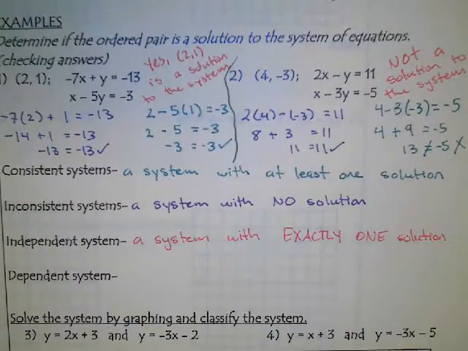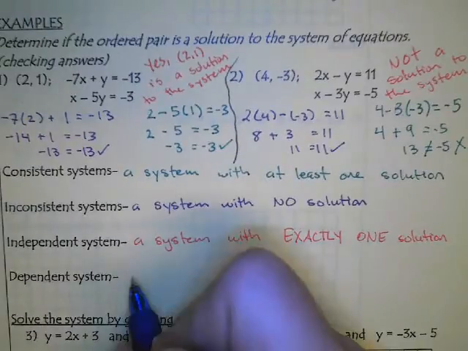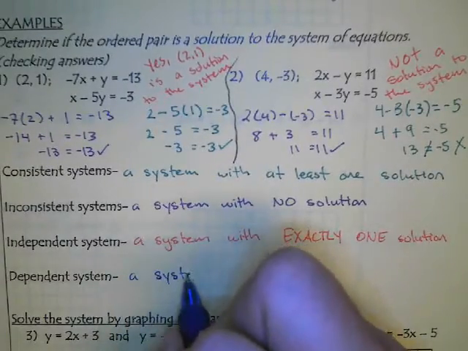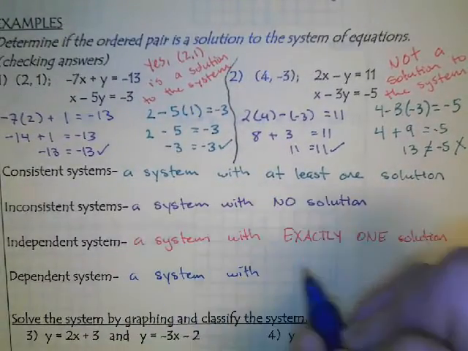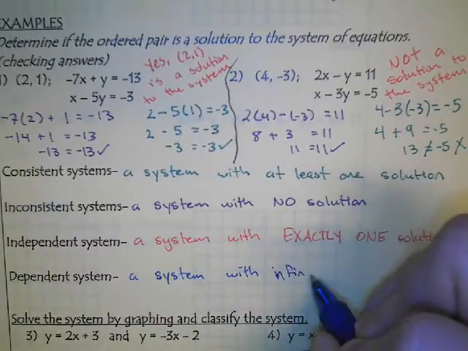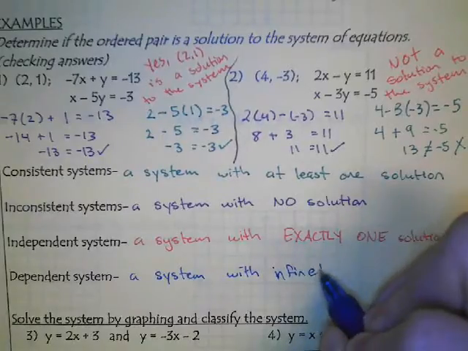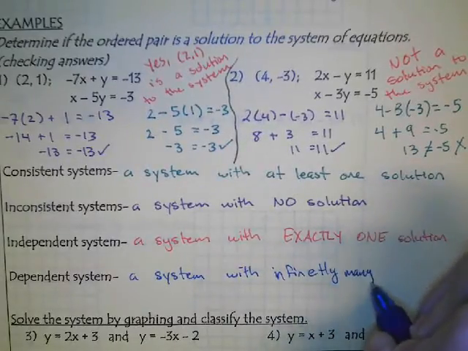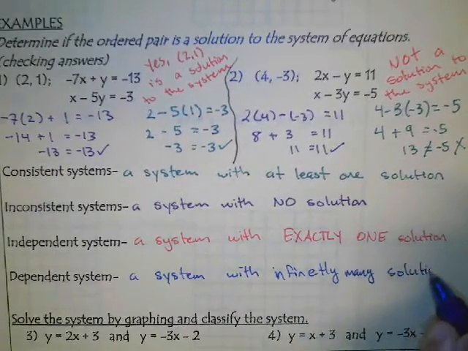And a dependent system is a system with infinitely many solutions.